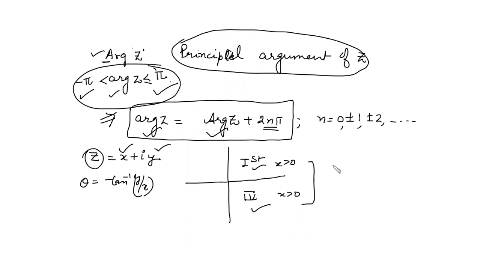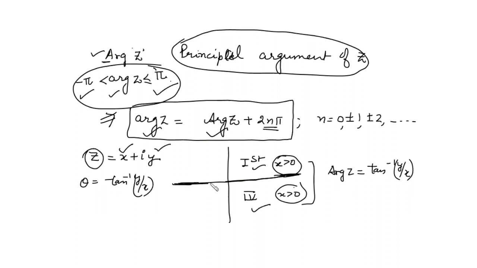In both cases, we will consider the principal argument to be tan inverse y upon x, right? x should be strictly greater than 0, not equal to 0. That case I will discuss later on. So if your x is strictly greater than 0, whatever the sign of y, either positive or negative, in each case the principal argument of z will be given by tan inverse y upon x.